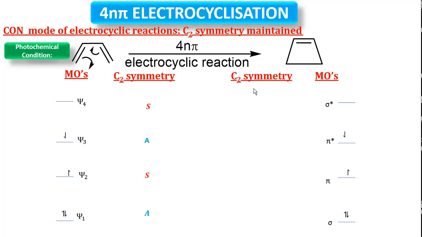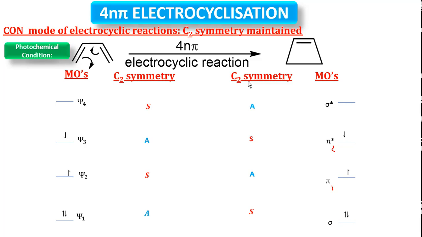The sigma bond is symmetric with respect to C2 symmetry. The pi bond is nothing but the ethylene molecular orbitals, psi1 and psi2. Psi2 is symmetric, psi1 is asymmetric. Sigma star is asymmetric with respect to C2 symmetry.